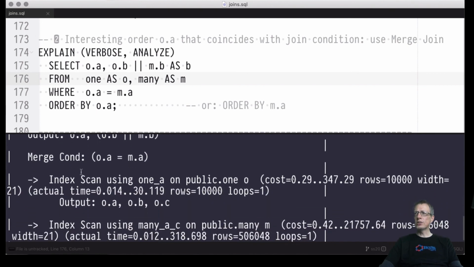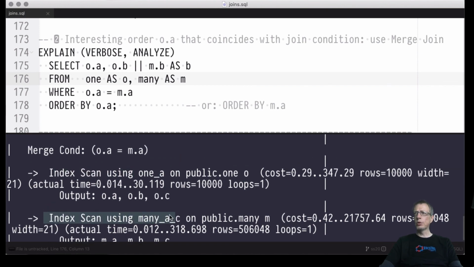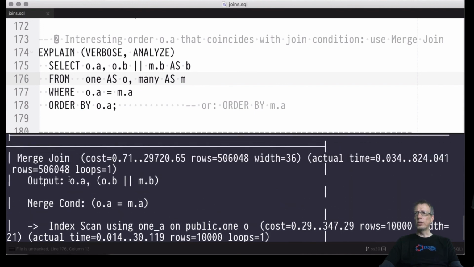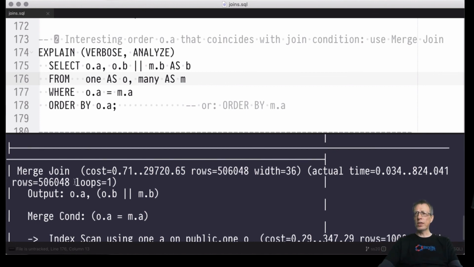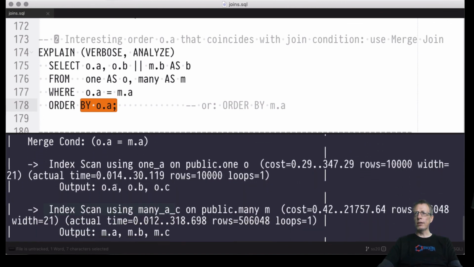It does so based on the A order that could be established by these two index scans on the one and many inputs. Everything flows into the merge join in A order. We do our lockstep synchronized scan of what the index scans can deliver, and we will deliver our output in A order, which is just the interesting desired order at the top of the plan.